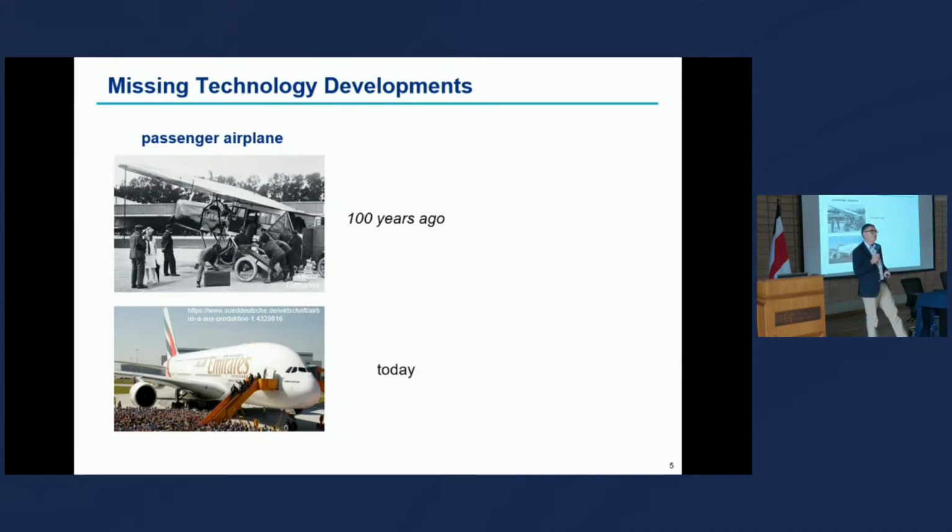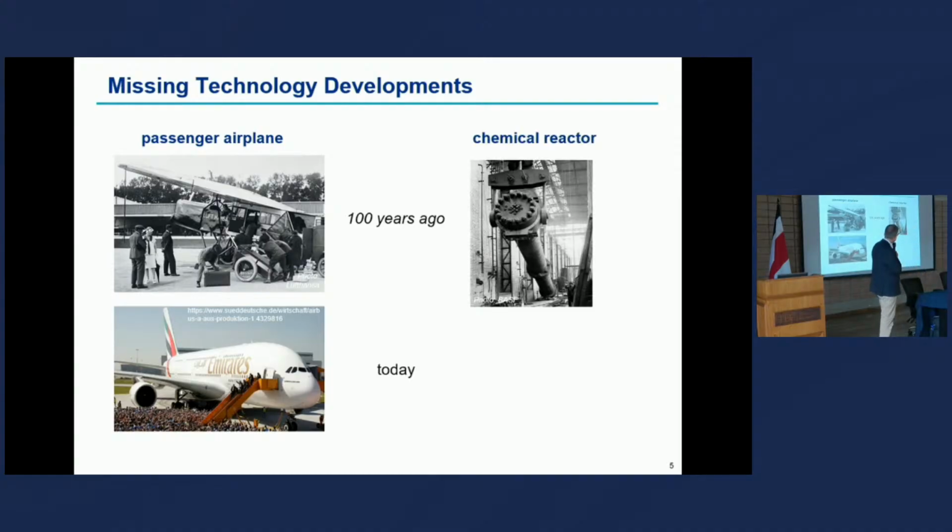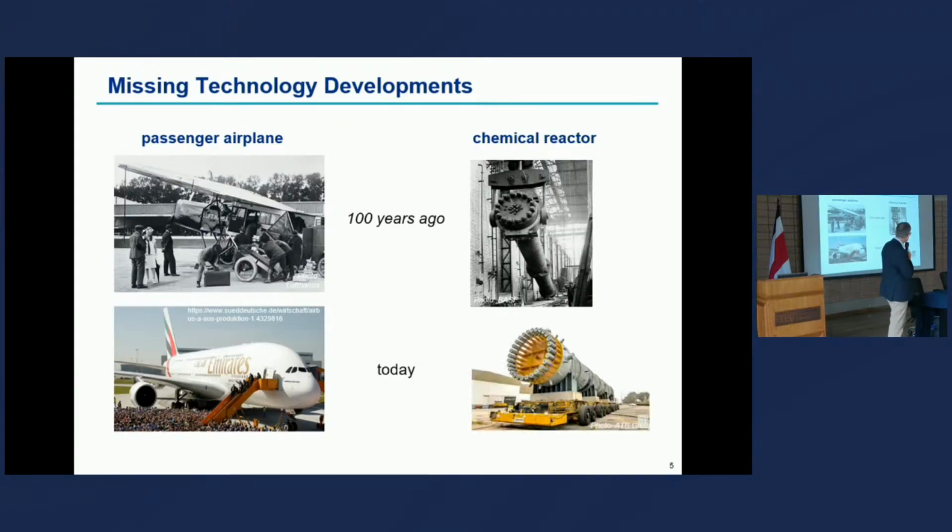If we look at the chemical industry, one of the biggest processes in chemistry is the Haber-Bosch process producing ammonia. If you look at how a reactor looked 100 years ago, that's in Germany, at the BASF company in Ludwigshafen. That's a reactor where ammonia is being produced, and this is how the reactor looks today.